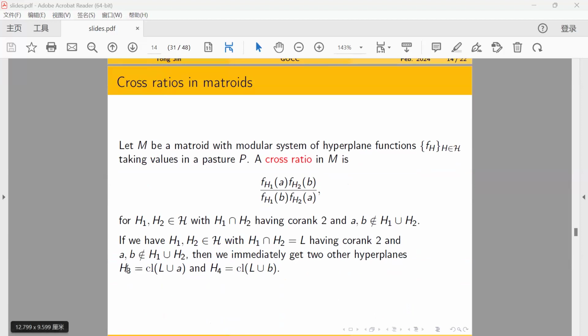Those are given by H3, the closure of L and A, and H4, the closure of L and B. So in the most generic case, if H1, H2 are distinct, and if A and B are distinct, then those four hyperplanes are actually different. And in the lattice of flats point of view, you can view it as 4 points on a coplane or on a coline. That is why we call it a cross ratio. It can be viewed as a generalization of the cross ratio in projective geometry.